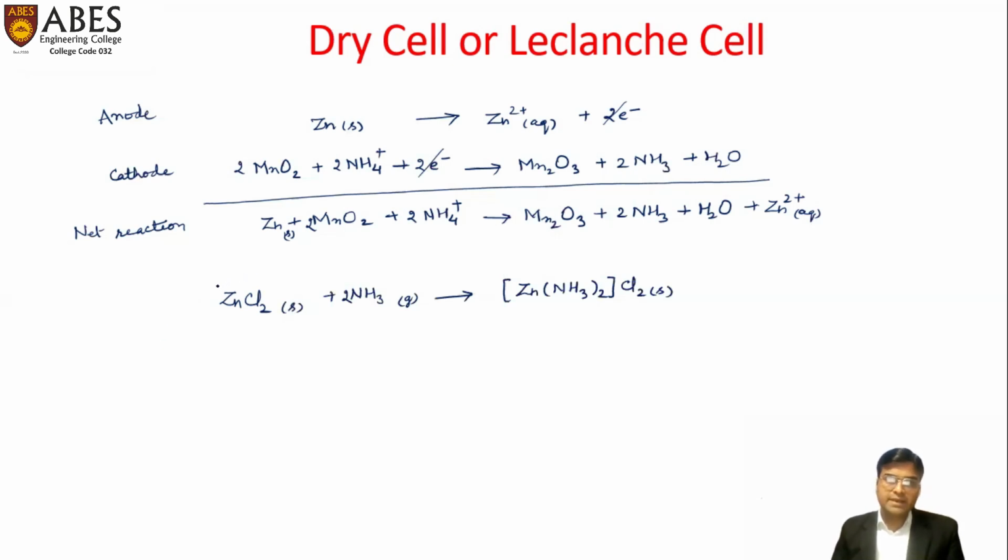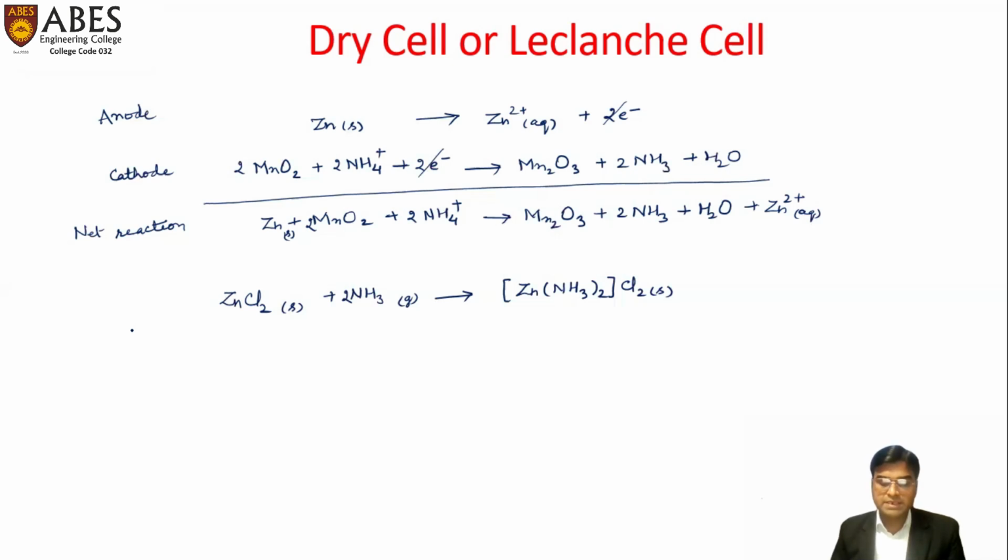It has the advantage that it is very cheap and easy to use, but it has some disadvantages also. The first disadvantage is that this dry cell builds up product on the electrode if we take the current very rapidly. If current is rapidly withdrawn from it, then it builds up the product on the electrode, which causes a drop in the voltage.